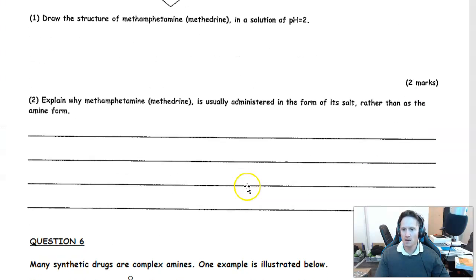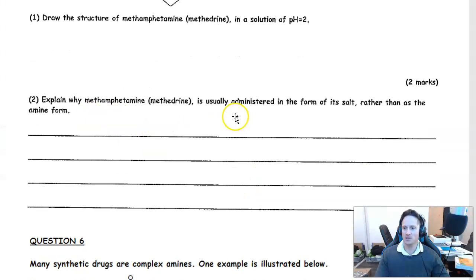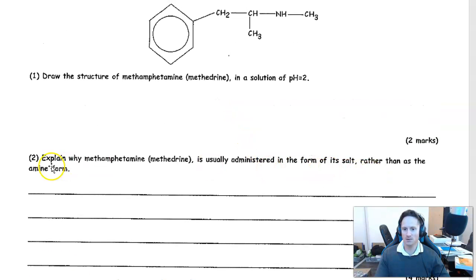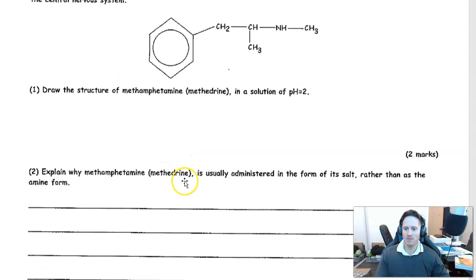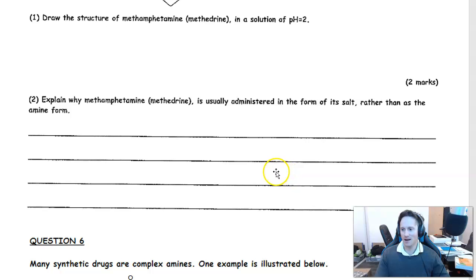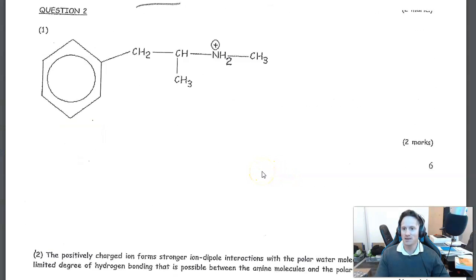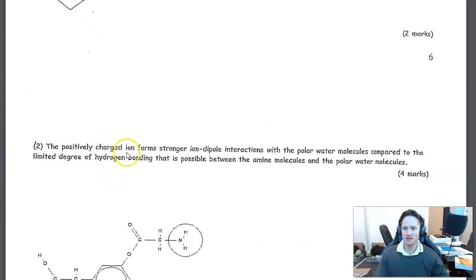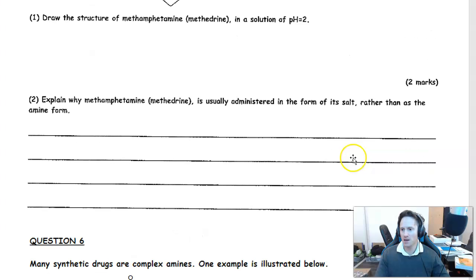Cool. So explain why methamphetamine is usually administered in the form of its salt rather than an amine form. Now, methadone can be used for medicinal purposes, so that's why we're referring to that there. So the reason is the positively charged ion forms stronger ion dipole interactions with polar water molecules, because we're talking about action in the body.